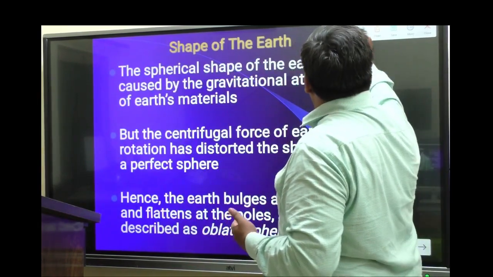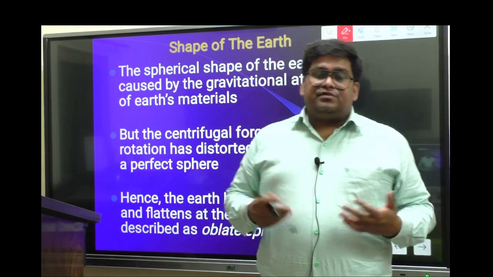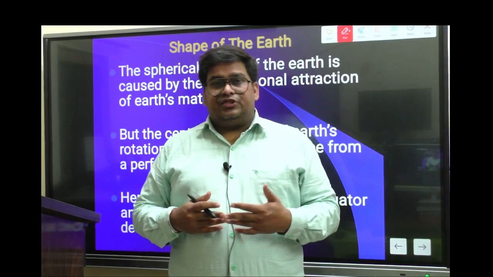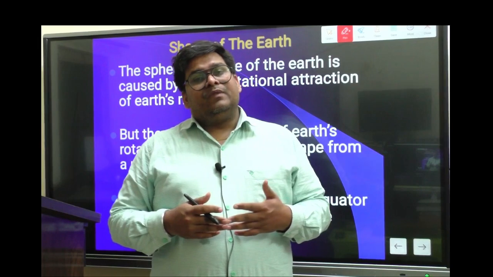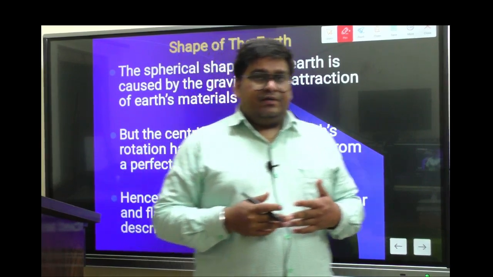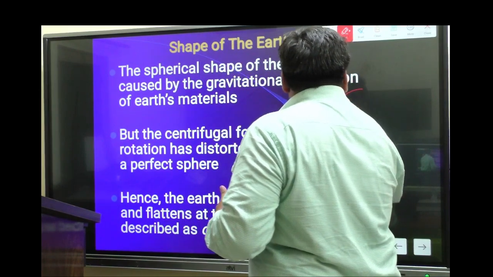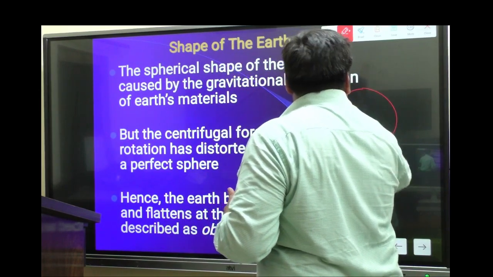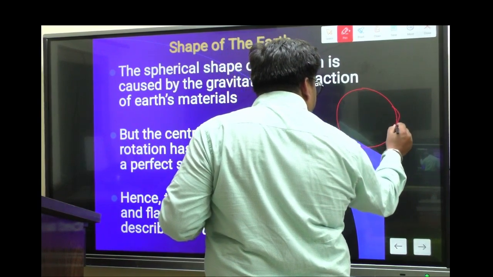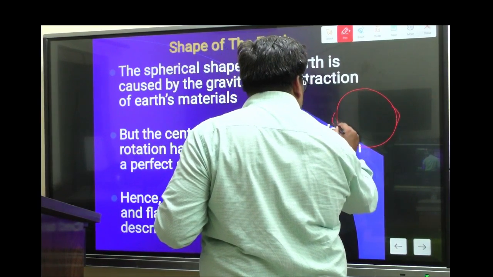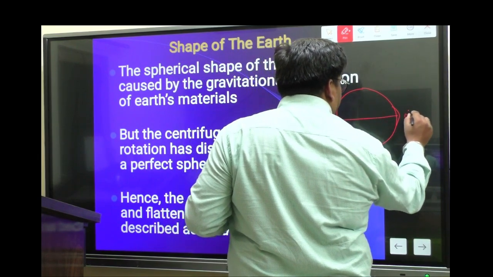As you know, the common perception is that the earth is spherical in nature, but the earth is not exactly a sphere. It is basically an oblate spheroid. What does that mean? If you draw the structure of the earth, you will have somewhat of a bulge at the equator, which is the 0-degree latitude.